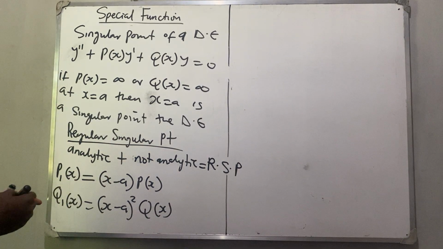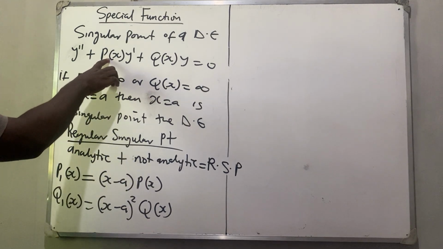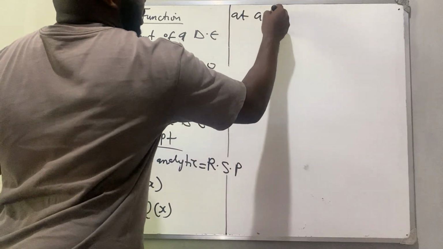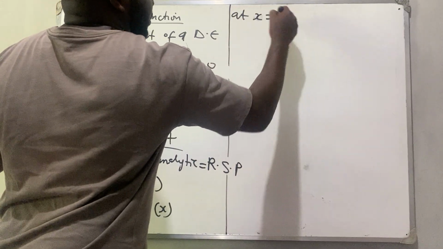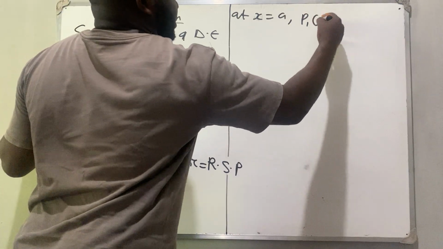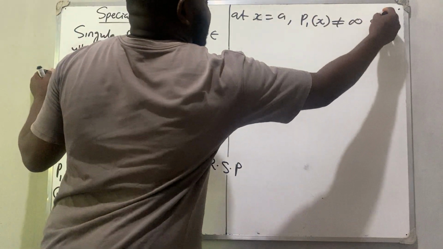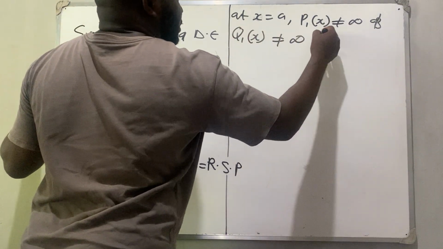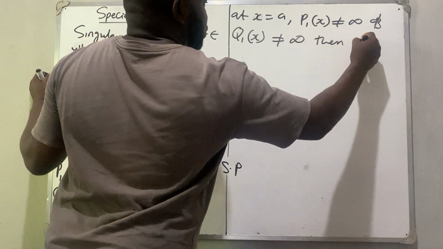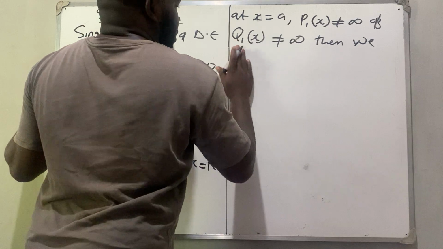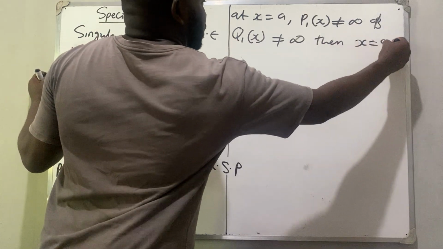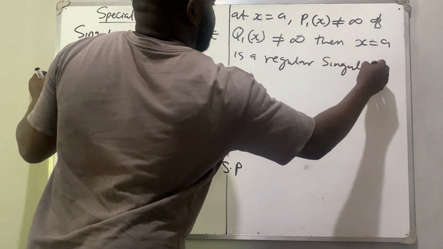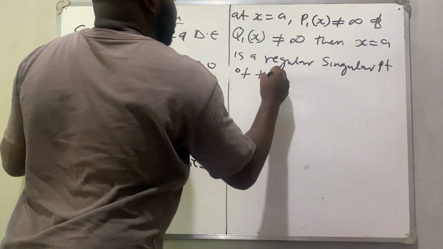If you use x minus a to multiply your p of x and x minus a all squared to multiply your q of x, and you discover that as x equal to a, p1 of x is not equal to infinity and q1 of x is still not equal to infinity, then we conclude that x equal to a is a regular singular point of the differential equation.